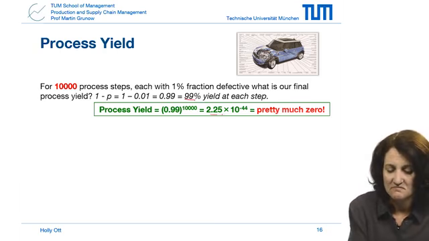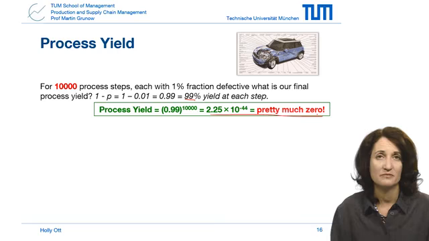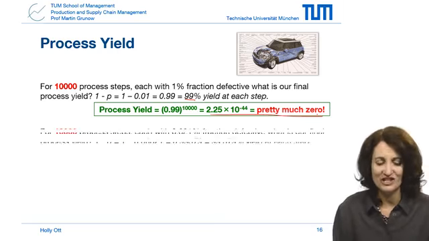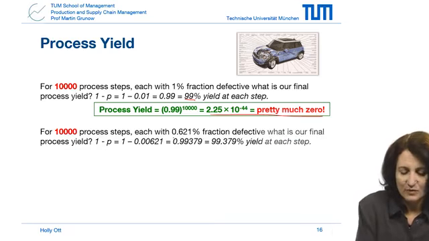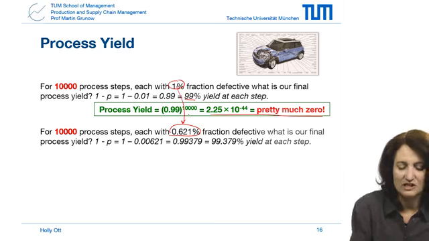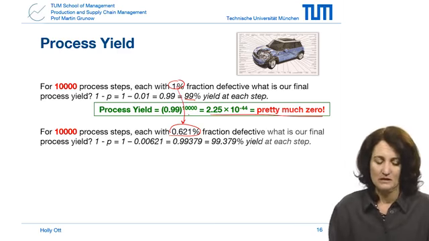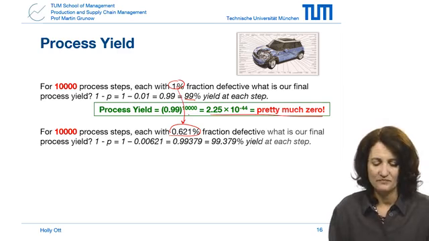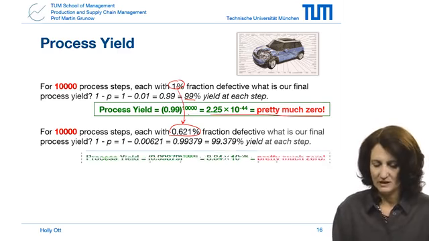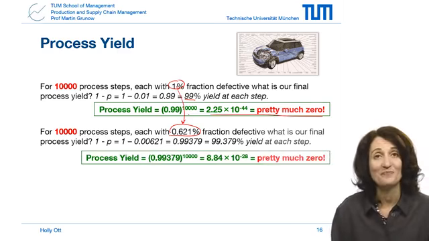So we just said, you don't get any cars out. What can we do? Let's improve that fraction defective. Let's make it 0.621. So instead of 1%, we've improved the fraction defective to less than 1%, to 0.621%. Well, if we do that, what do we end up with? Pretty much zero. Pretty much nothing comes out of our process.